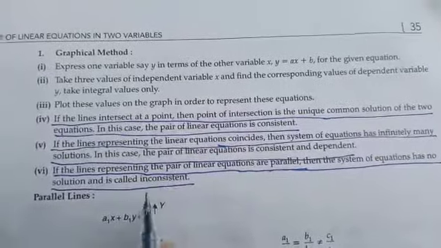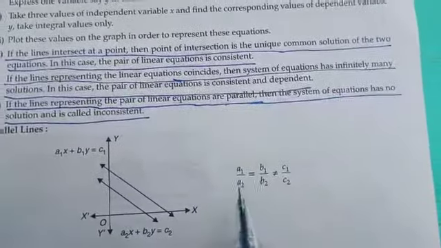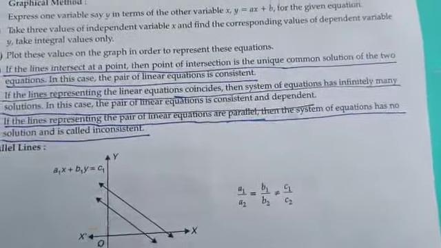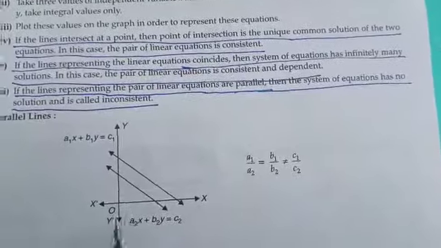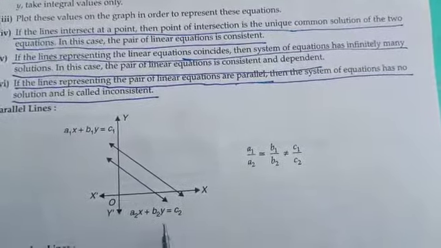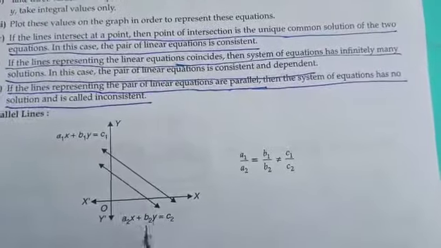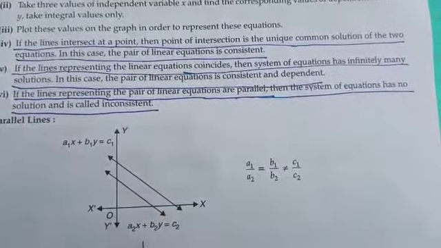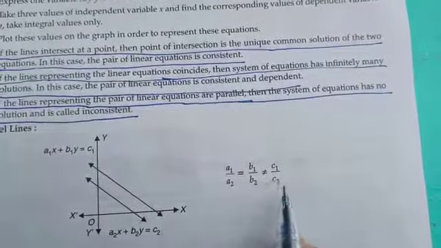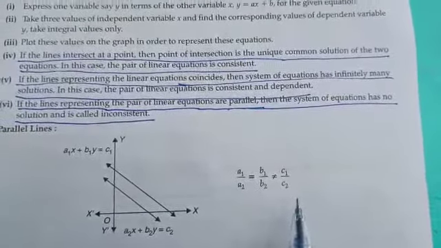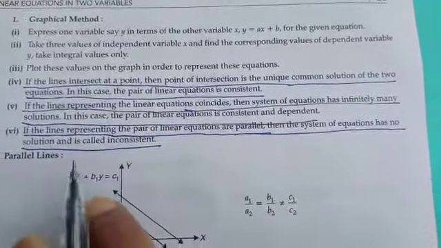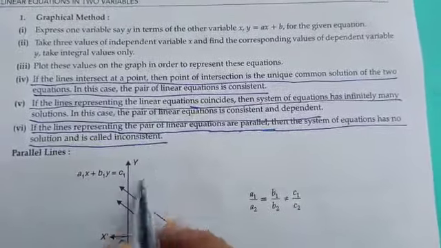In this case, a1 by a2, a1 of this equation and a2 of the other, and b1 by b2, the coefficients b1 and b2, are equal, and that is not equal to c1 by c2. Then it has no solution and is called inconsistent.